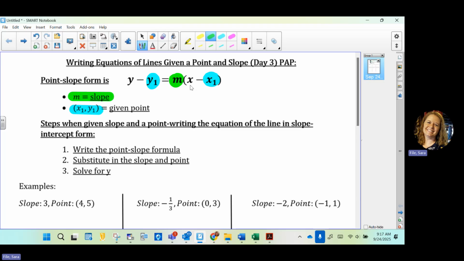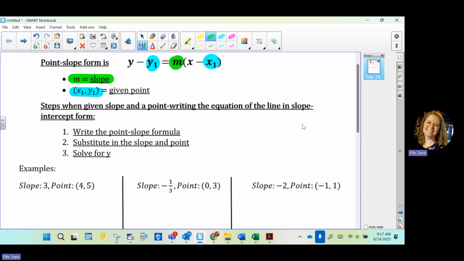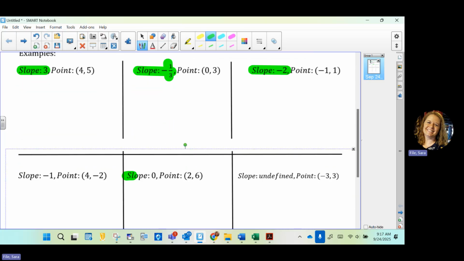b form. Okay, so here in this first example, I've got the slope. I'm going to highlight all my slopes here in all of these examples. And then the point that I'm given, that's going to be my x1, y1.